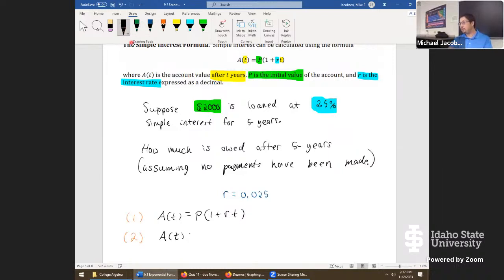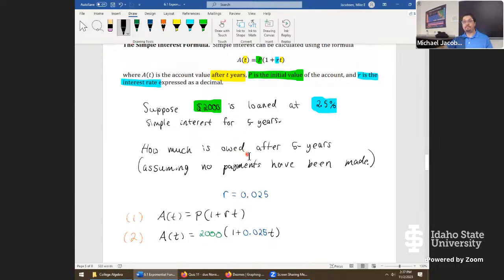Amount at time t is now equal to the $2,000 principal, multiplied by 1 plus now the interest rate. So let's put in the 0.025. And we've almost got it. Just throw in the variable t. And that's the setup of the function.